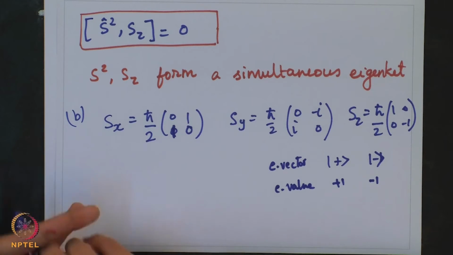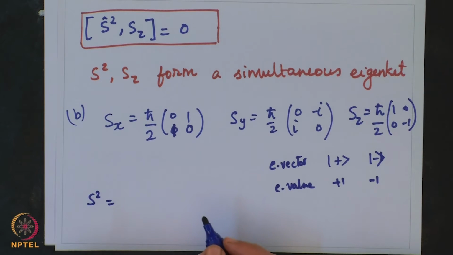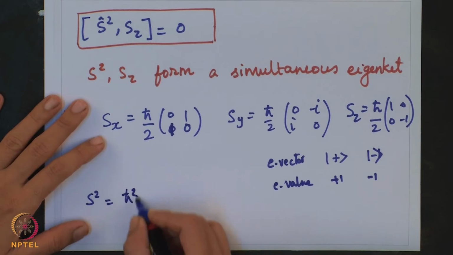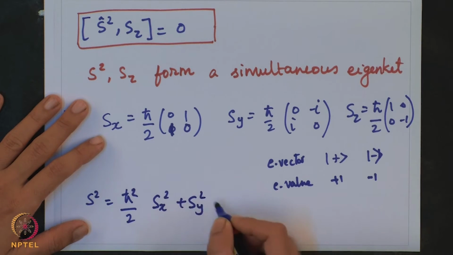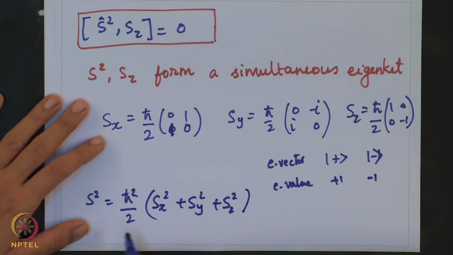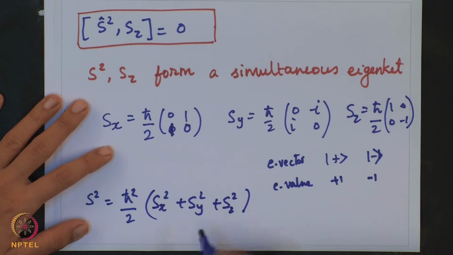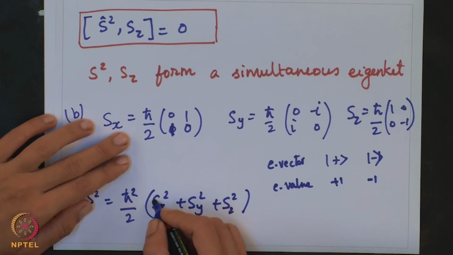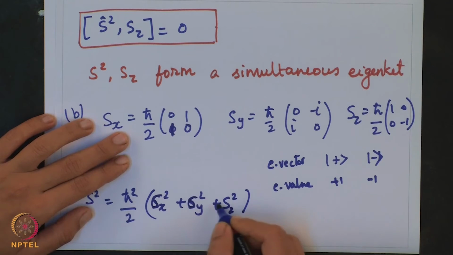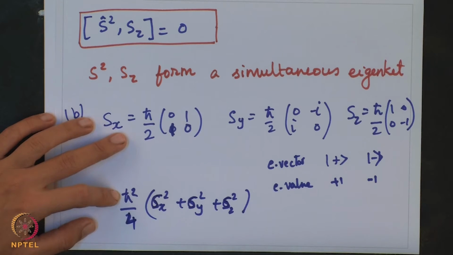Now, S square, how will you calculate? It will be ħ square upon 2 times Sx square plus Sy square plus Sz square. If I make this substitution in terms of sigma matrices, I have to write sigma x, sigma y and sigma z, because I wrote already the ħ square upon 4.